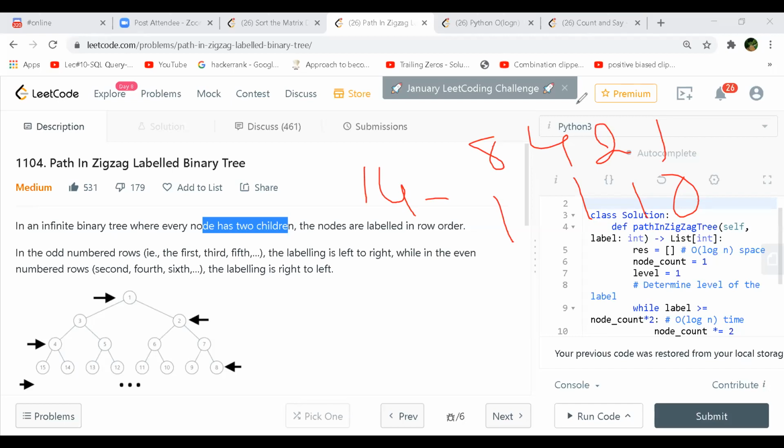The parent of 14. So at the first level we have 1, at the second 2, then 4, then 8. So I think he's trying to divide by the MSB, that's what I got from what he said.